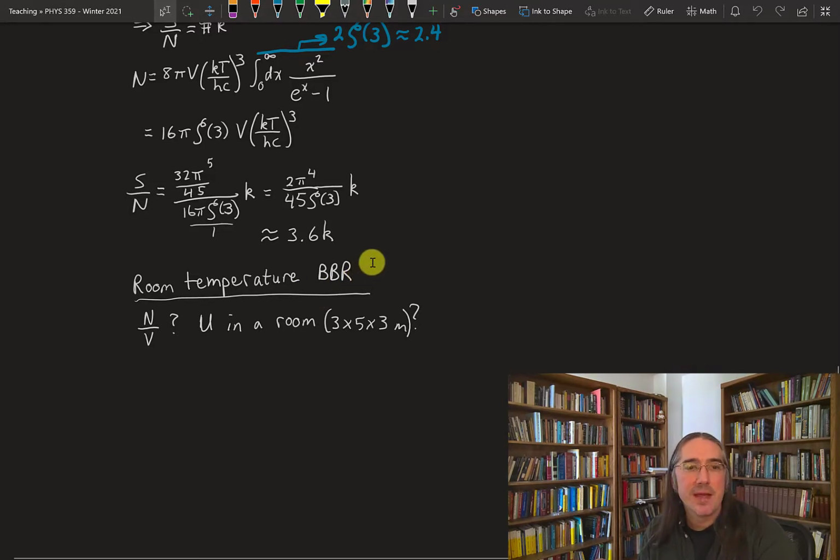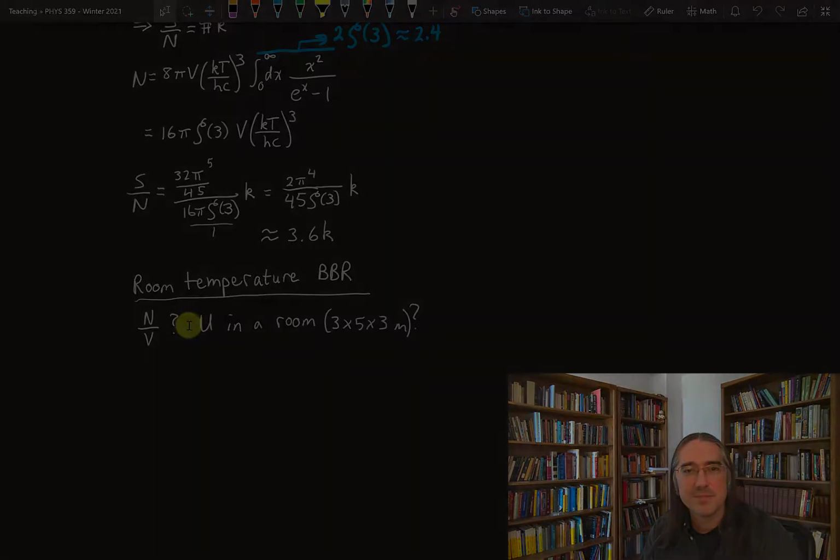The question is, what's the density of photons, the number of particles per unit volume at room temperature? And what's the total energy in the black body radiation in this room? You've got all the information you need to do that. Pause, think it through, do a little calculation, and then come back and we'll finish it together.